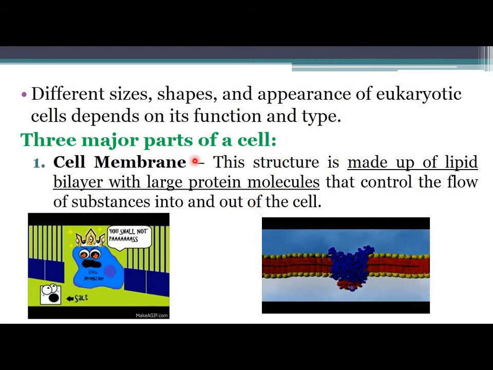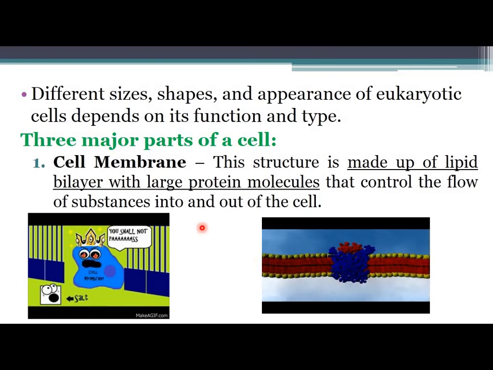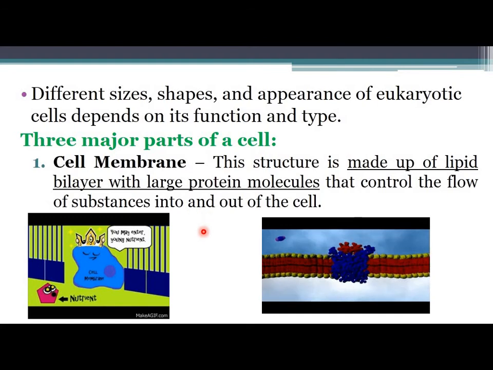Now, let me discuss the three major parts of a cell. First is the cell membrane. This structure is made up of a lipid bilayer with large protein molecules, which you can see here. That controls the flow of substances into and out of the cell.